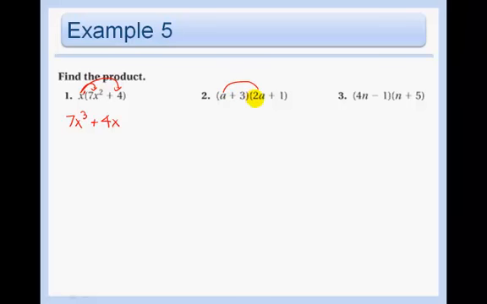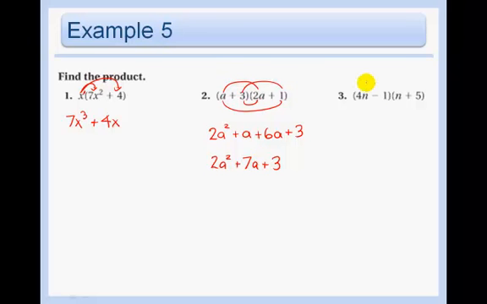First is just 2. A times a is a squared. The outer is a. The inner is 3 times 2 is 6a. And the last is plus 3. Now just combine like terms. 2a squared plus 1 plus 6 is 7a plus 3.